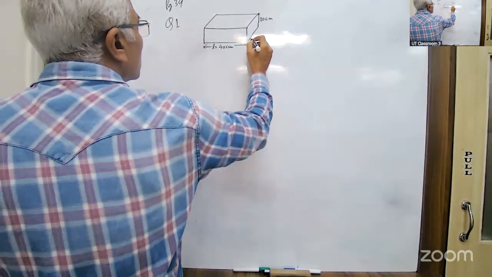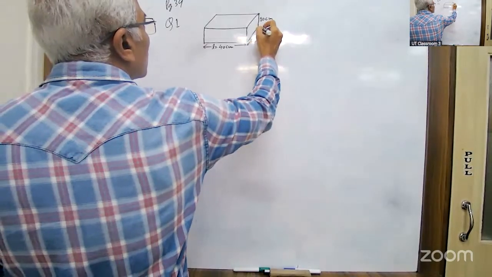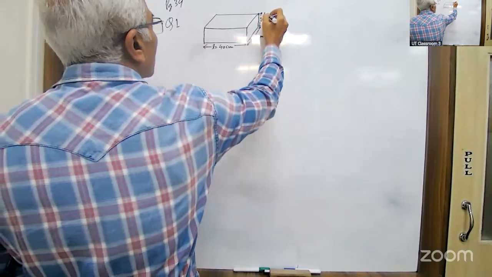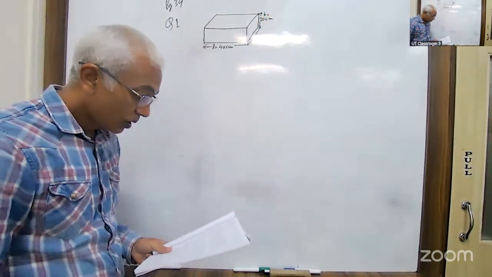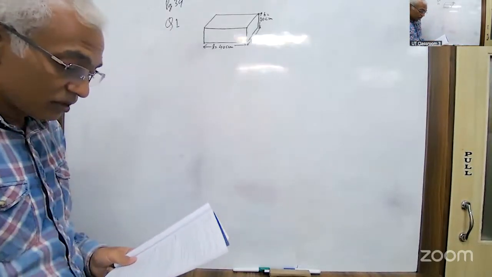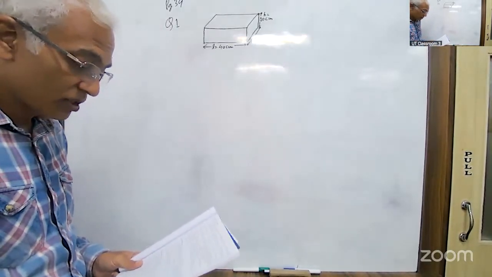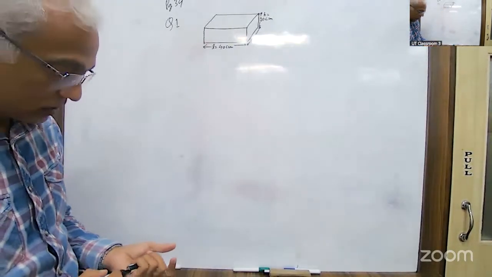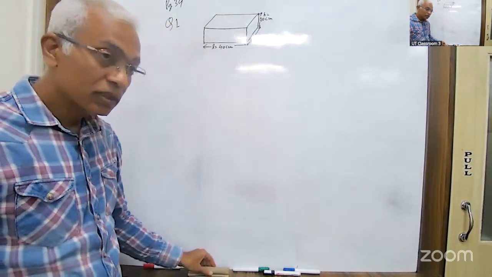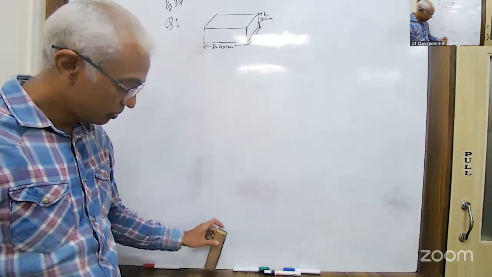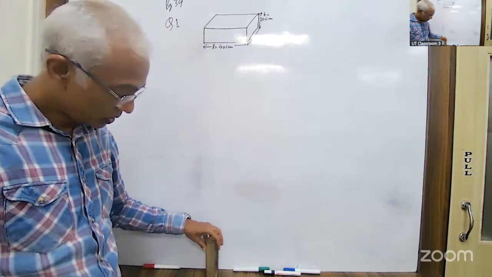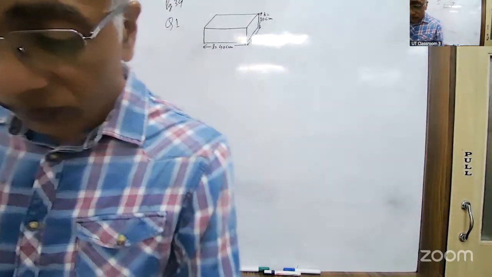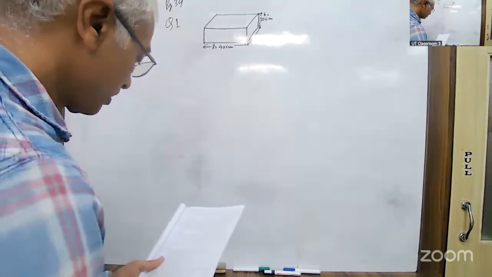This is the breadth and this is the height. Find the pressure exerted by the wooden block on the surface when placed on its base. So you can keep the cuboid like this, or like this, or like this. You can keep it on different bases. So that's how the question is given. You have to find out the pressure in different situations.